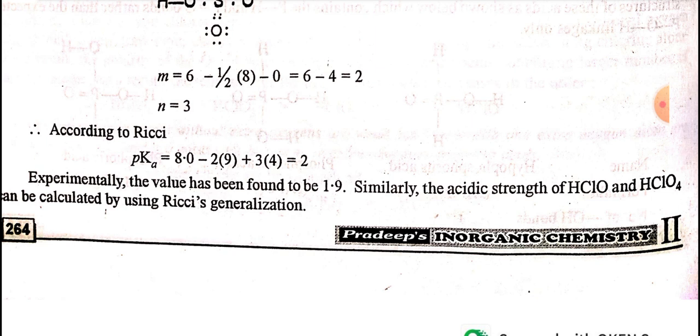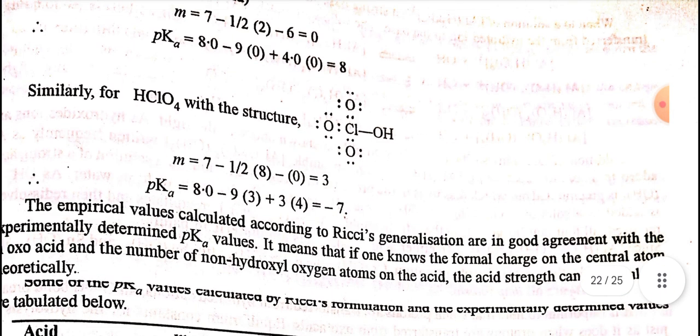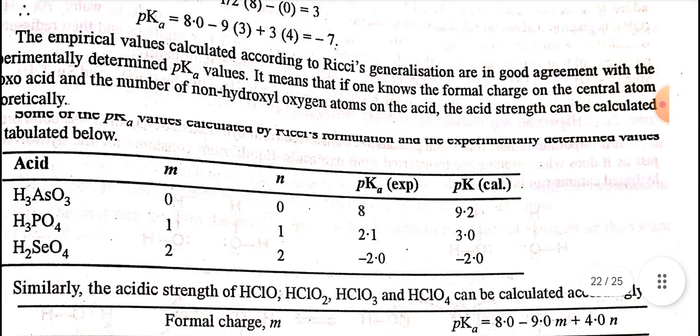Similarly, the acidic strength of HClO and HClO4 can be calculated by using Ricci's generalization. You can see HClO has M = 0, pKa 8, and HClO4 has M = 3, pKa -7. The empirical values calculated according to Ricci's generalization are in good agreement with the experimentally determined pKa values.